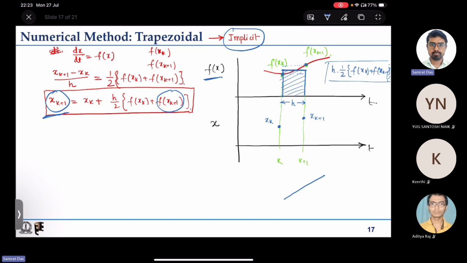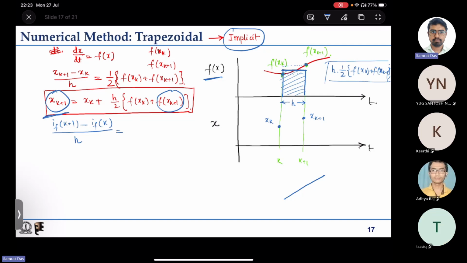So in this case, let us attempt to derive the equation of the field winding. So ifk plus 1 minus ifk divided by h. What we have to do?